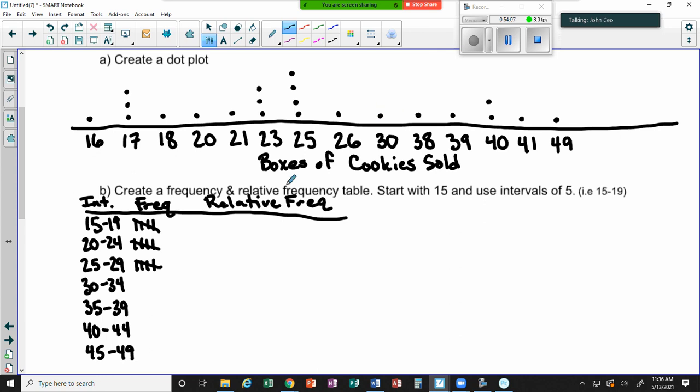That's what? That's 1. 35 to 39. 2. 38 and 39. Okay. 40 to 44. 3. And then 45 to 49. 1.